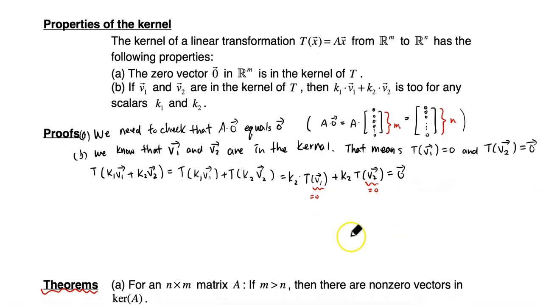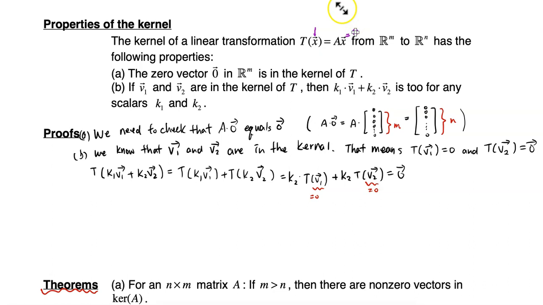The kernel has properties that are very similar to the image. First of all, the 0 vector is in the kernel. Now again, when we talk about the kernel and the 0 vector, we're talking about the 0 vector here, whereas in the image, when we said that the 0 vector was part of the image, we were talking about not this one, but about when we have actually calculated A times x, we get 0.